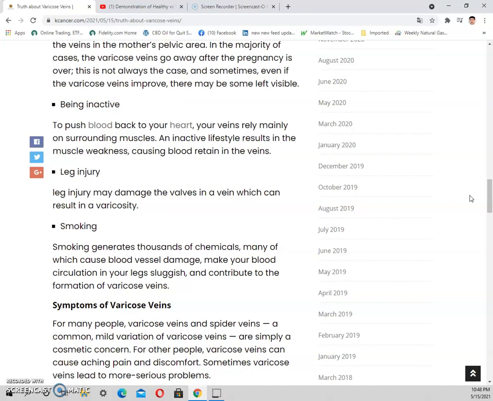Another factor is smoking, and not only smoking by itself, but in most cases, secondhand smoking. We know smoking will cause damage to blood circulation, and if blood circulation becomes weak, blood will be left in your leg, and that will contribute to the formation of varicose veins.